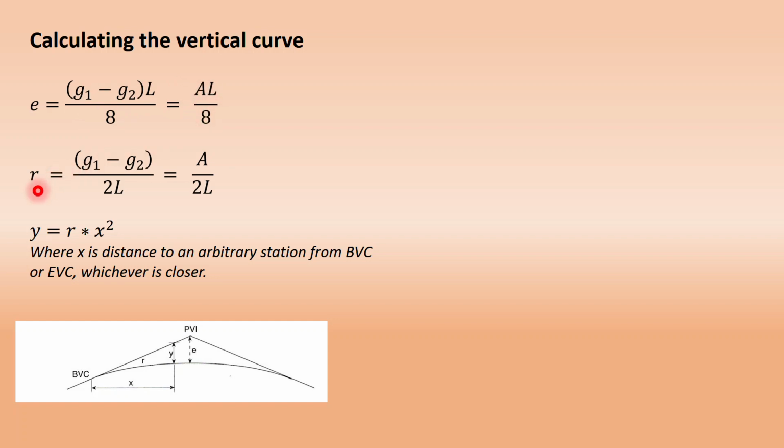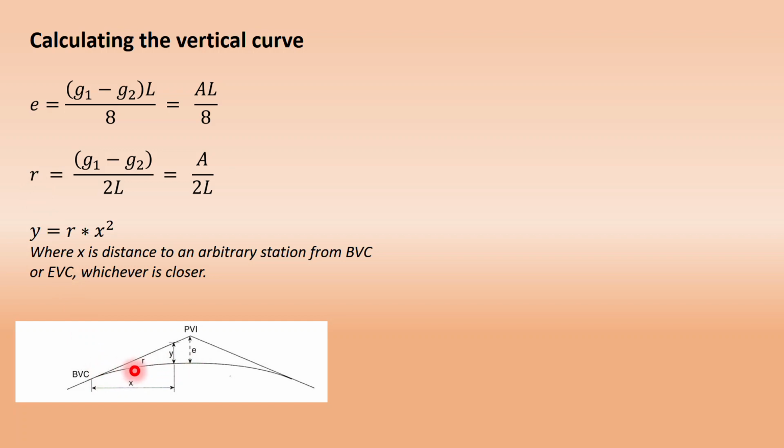And then R is a new variable. R relates to kind of not the radius like it did for horizontal curves, because this is a parabola, so we don't have a radius. What we have is a rate of radial change. So this is kind of similar to a spiral.